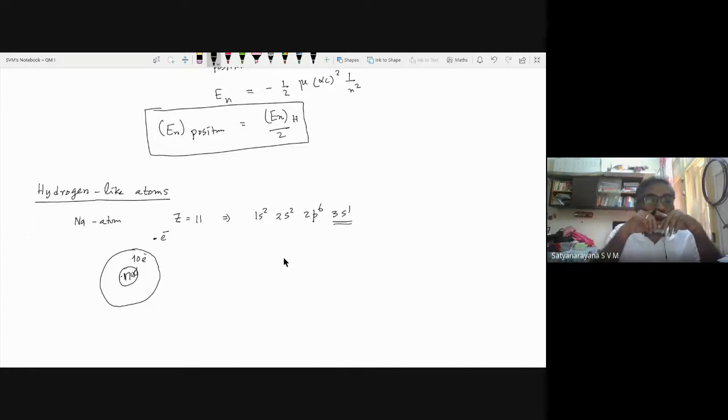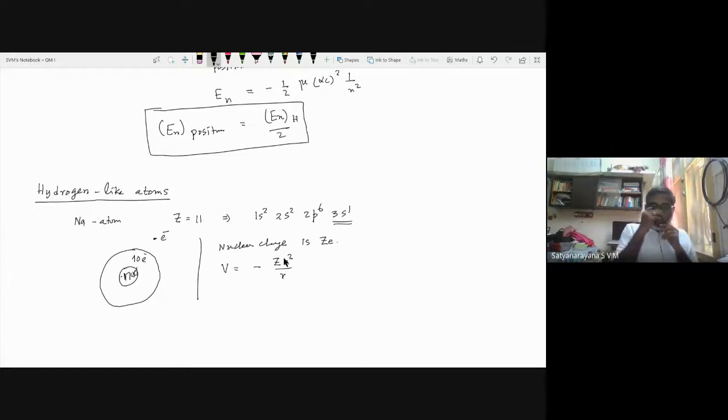So if you are trying to look at this as a hydrogen-like atom, then wherever e is there, the nuclear charge is Z times e. So the potential will be minus Ze² divided by r.